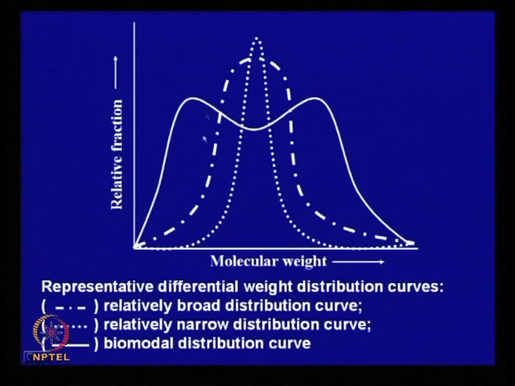So, it is a mixture of low molecular weight with high molecular weight and medium molecular weight. So, distribution is broad. Now, this distribution is narrow, or it can be further narrow if this distribution looks like this.